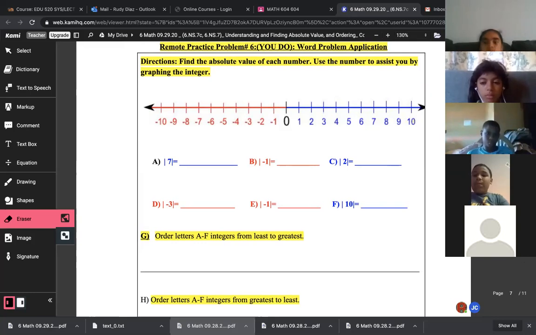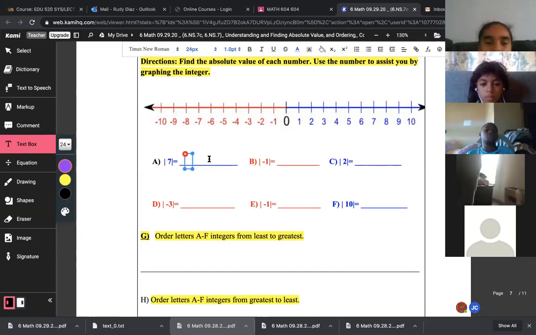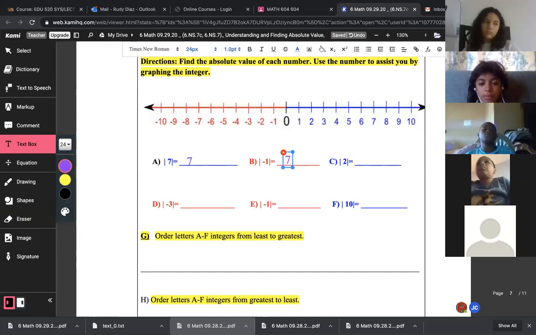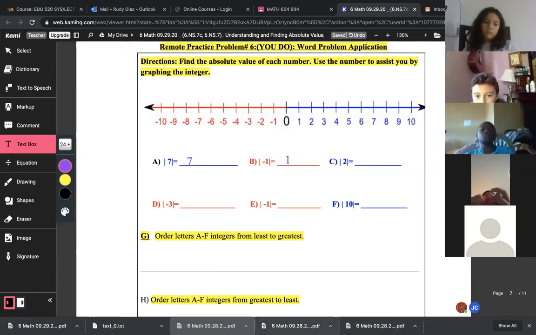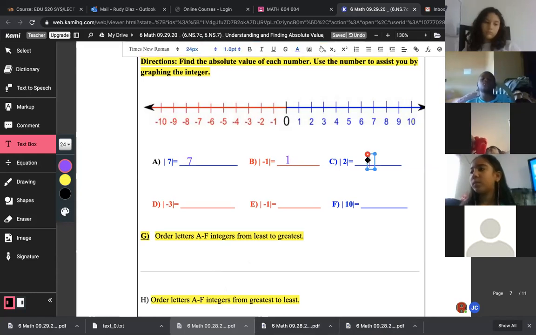Keelani. Okay, Keelani. Find the absolute value of each number. So A, the absolute value of 7 is what? Remember, the distance from 0. How far is 0 from 7? 7 units. Good, 7 units. Adam, B, the absolute value of negative 1, Adam. It's positive 1. Good. Ian, the absolute value of 2. Not the opposite.